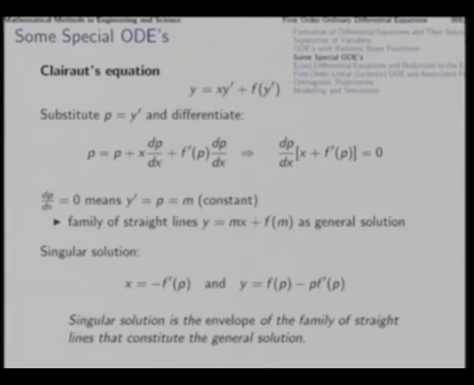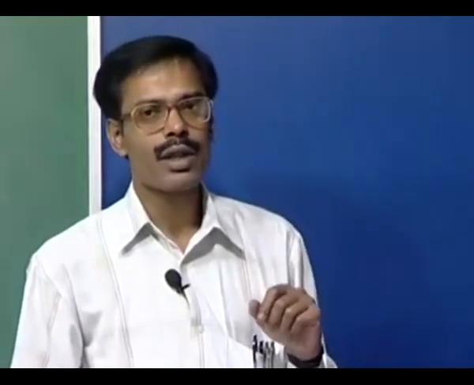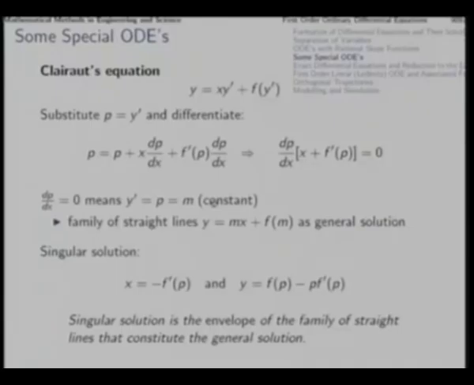Now, we slowly make a move towards second order differential equations, and at this stage we consider only those second order differential equations which can be easily reduced to first order differential equations. In general, second order differential equations, particularly the nonlinear ones, are much more complicated to solve compared to first order differential equations analytically.